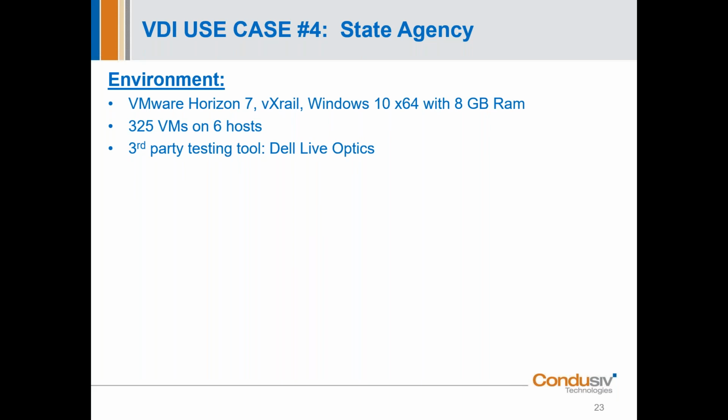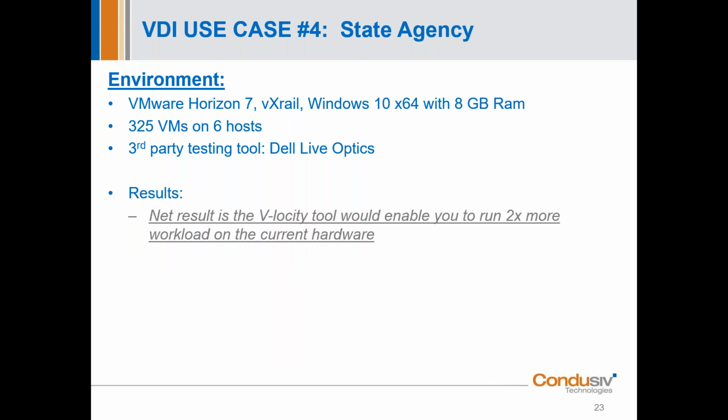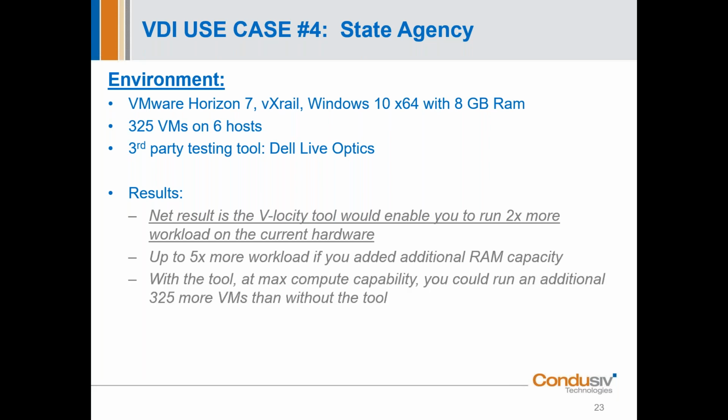The conclusion that we came to is that the net result is that velocity would enable them to run double the number of VDI clients in their environment, and possibly up to 5 times more if they could allocate and add some additional DRAM. That's much better than having to over-purchase and buy more hosts. You're just increasing your hardware footprint, when in fact, we could just make your existing hardware handle more work.